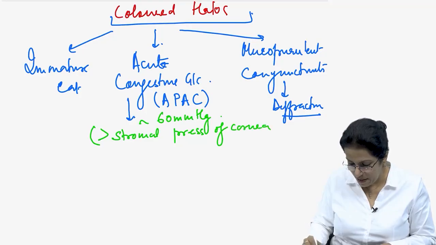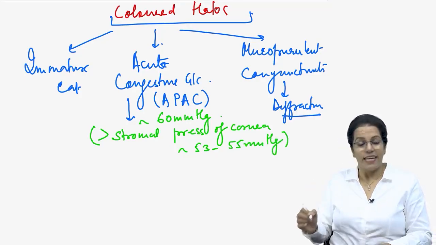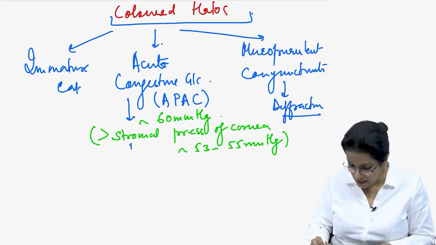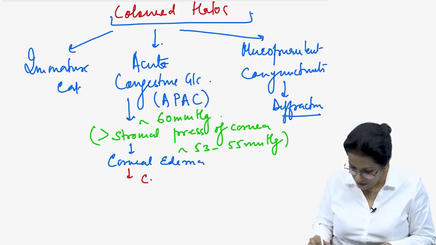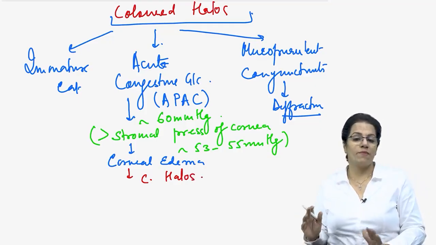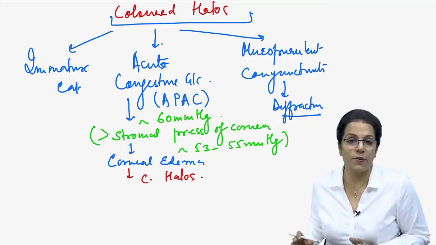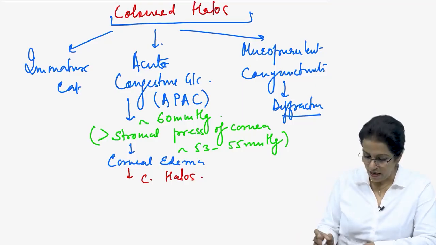You will answer it is around 53 to 55 millimeters of mercury. So when it is more, it leads to corneal edema. And it is this corneal edema which is the cause of colored halos. So this is the main mechanism or reason why you're getting colored halos. Right, all of you? Okay.